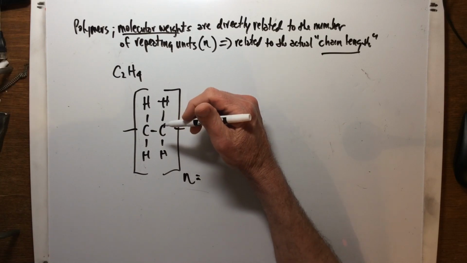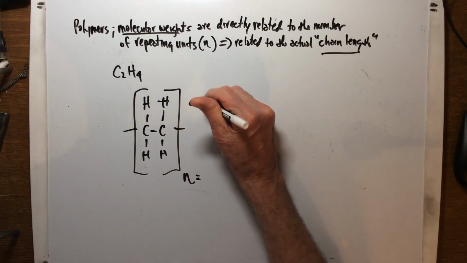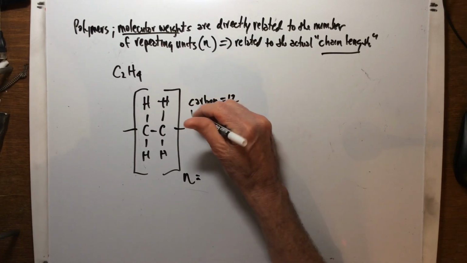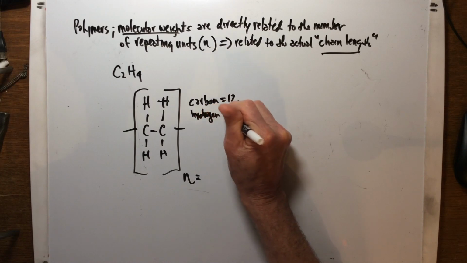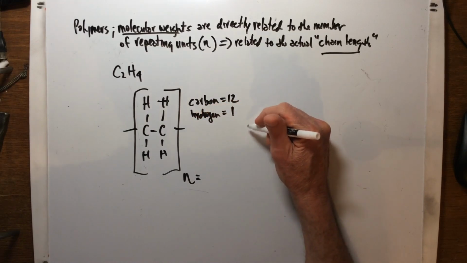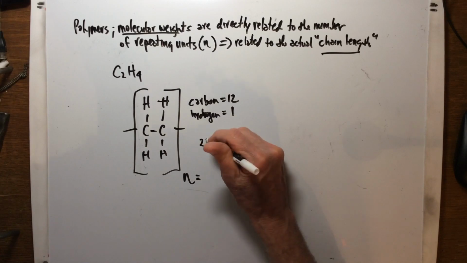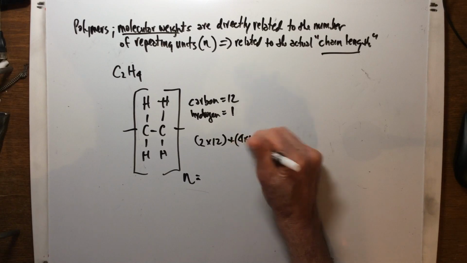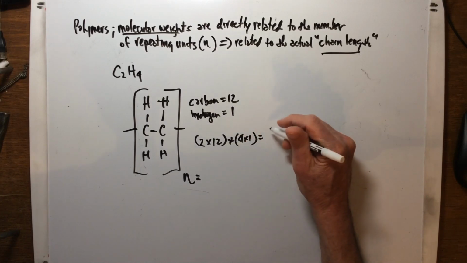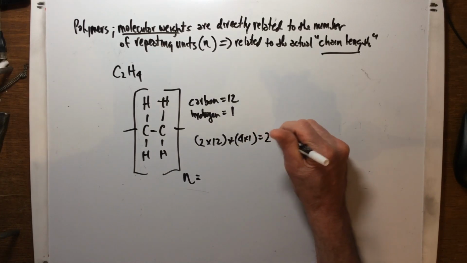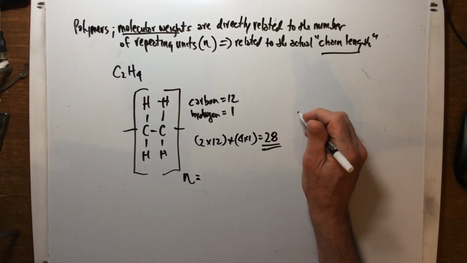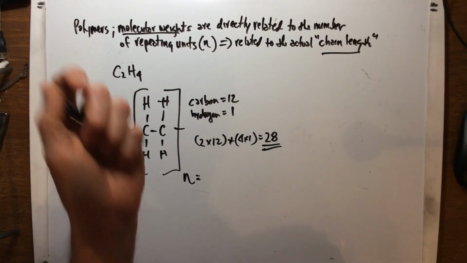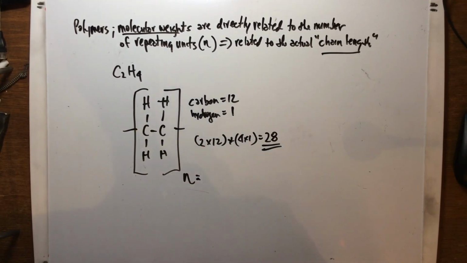And so if you look at this, obviously carbon equals 12, all right, and of course hydrogen equals 1. Okay, so obviously in this we have 2 times 12 plus 4 times 1, and of course that's going to be 28. All right, that is the grams per mole, or that's actually just the atomic weight of this monomer, 28.